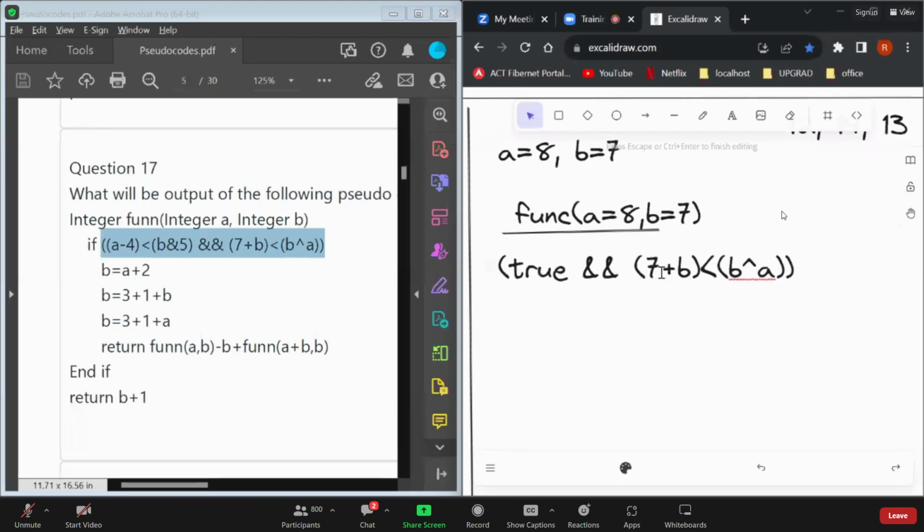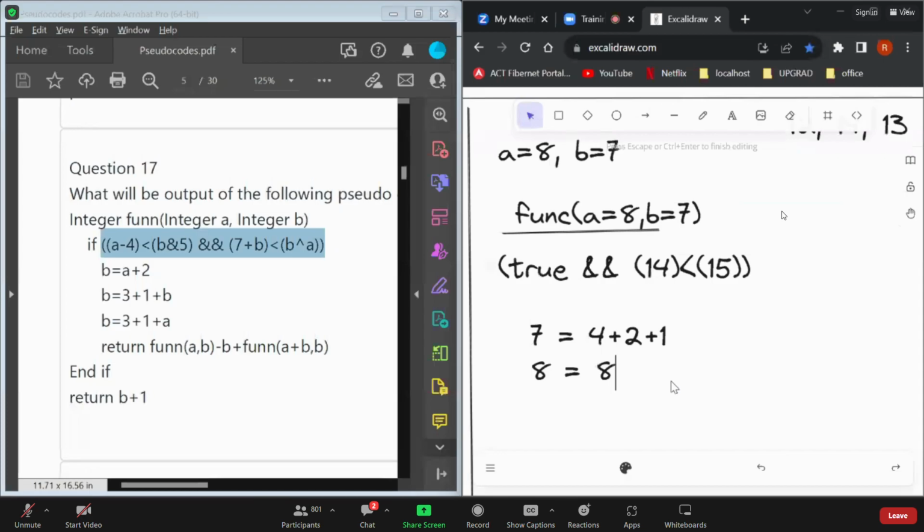Next, here b is 7 and a is 8. So 7 plus 7 results to 14. 7 XOR 8 results to 15. Simple. 7 you can write as 4 plus 2 plus 1, and 8 you can simply write as 8. In XOR, what did I tell you?